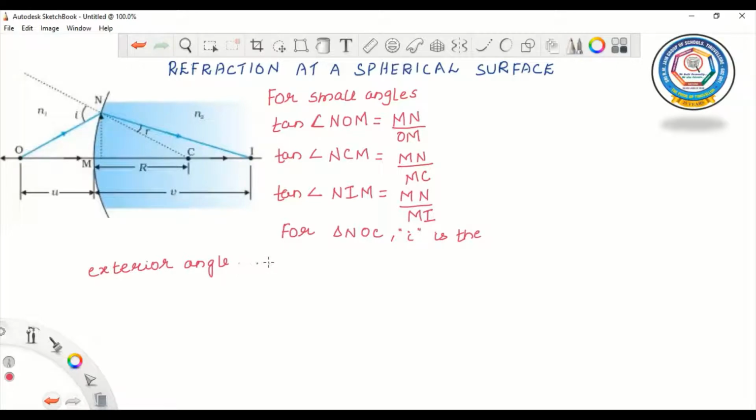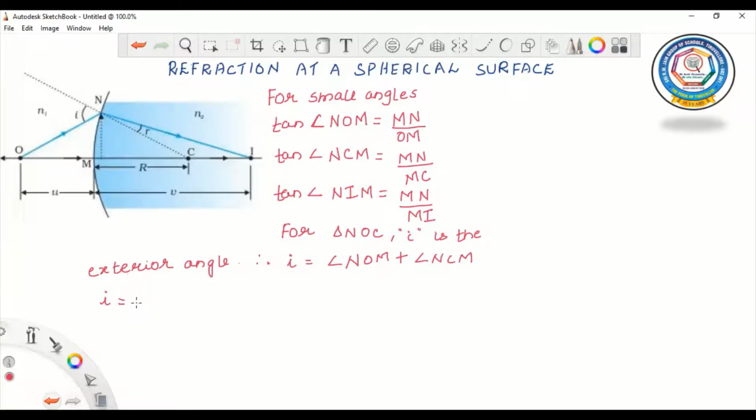Therefore, i is equal to angle NOM plus angle NCM.